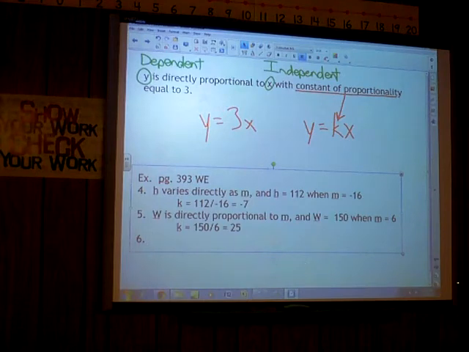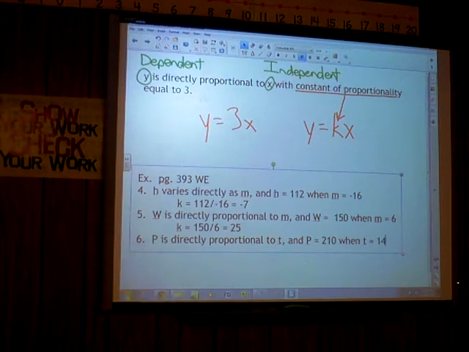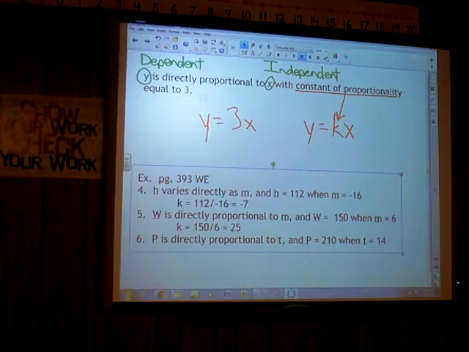All right, number 6. P is directly proportional to t, and P equals 210 when t equals 14. So, let's see here. Bob, what is the dependent variable? It looks like P. That's right. P would be our dependent variable, and t is the independent.